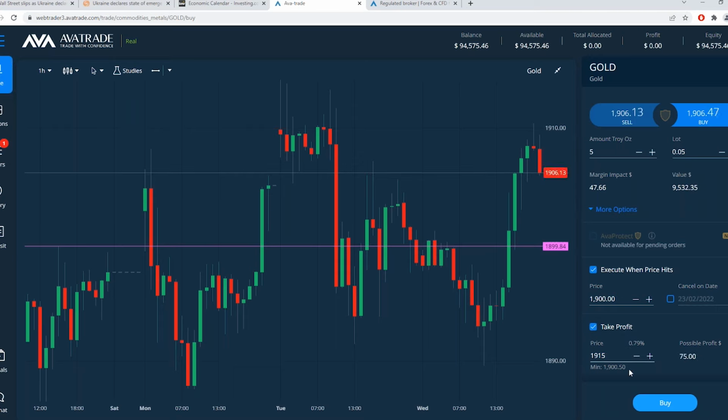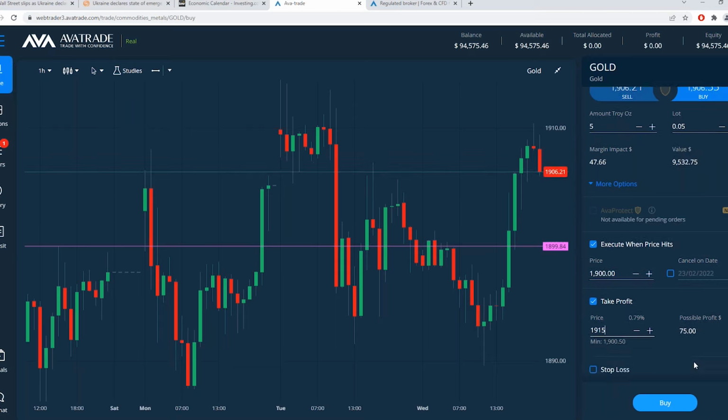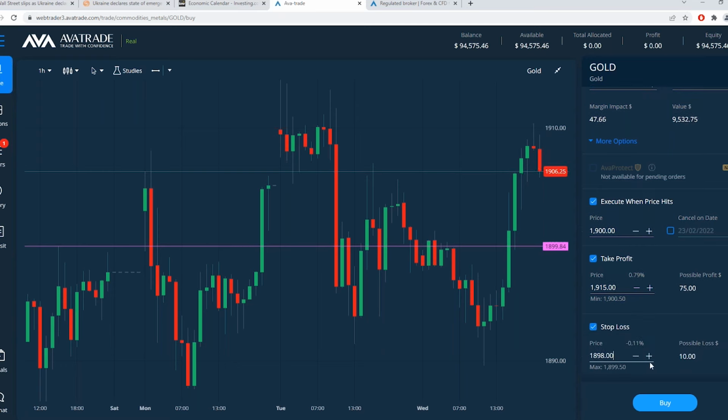So 1915 with a stop loss, if you do get in at 1900, your stop loss can be down here just below this support at 1890, right? So stop loss at 1885. So that's equal risk reward. 75 risk, 75 possible profit.